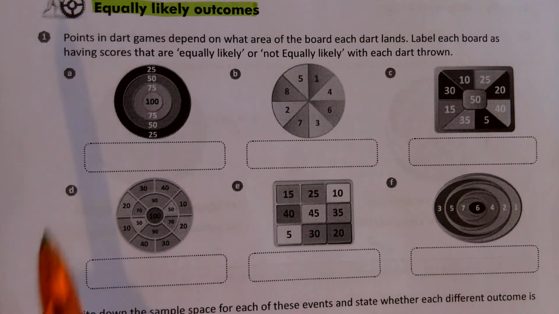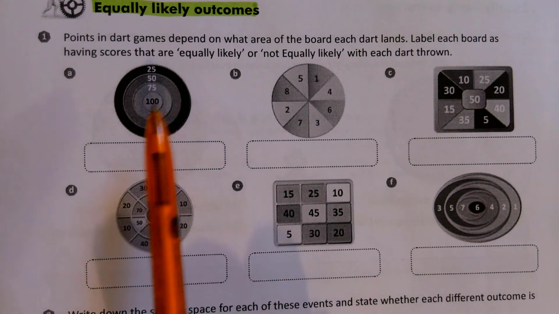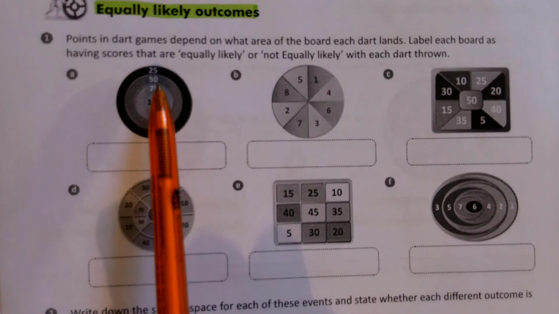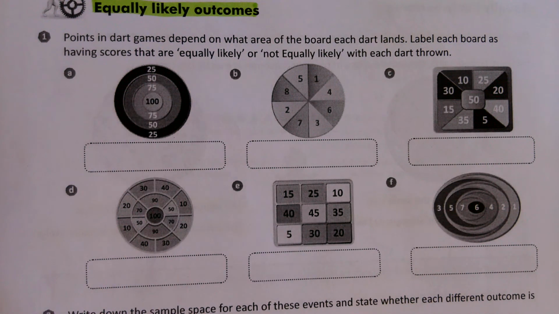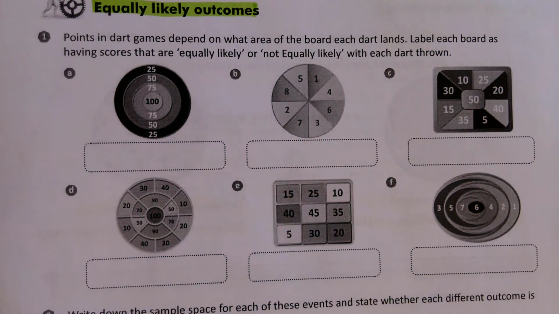Dartboards. You have a look at this dartboard. So it depends, doesn't it? As you can see, they're not equally likely, are they? Because they've got different areas. This one, however, has the same, hasn't it?